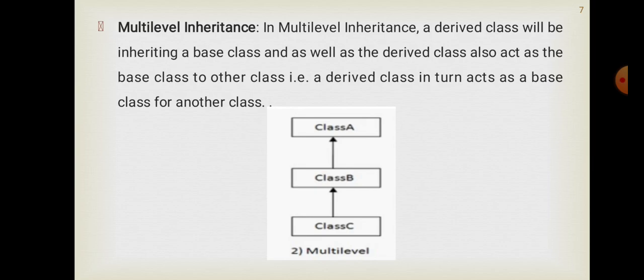Here we have an example of class A, class B and class C. Class B inherits the properties of class A, and class C inherits the properties of class B. As syntax: class A, open and close brackets, then class B extends A, and class C extends B.